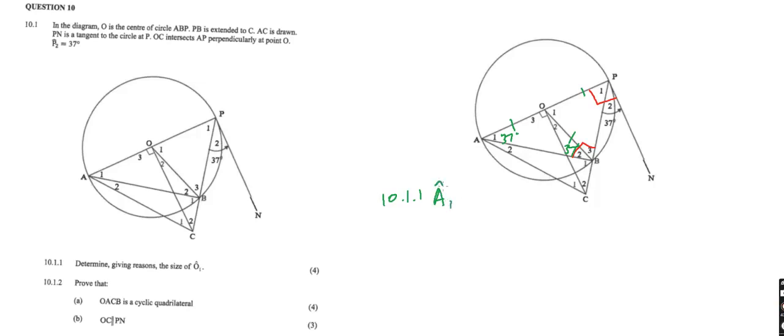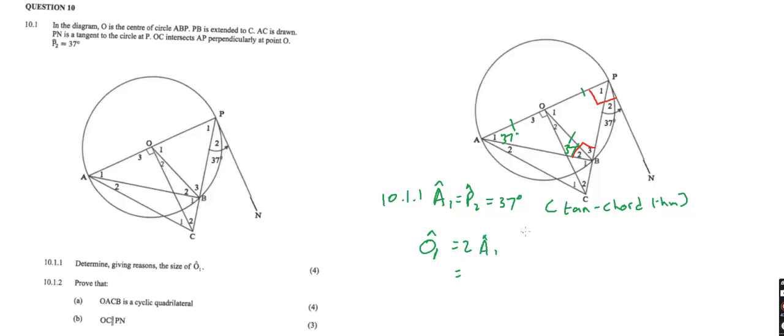A1 is equal to P2, which is 37 degrees. The reason for this is tan-chord theorem. Now, O1 is twice A1.